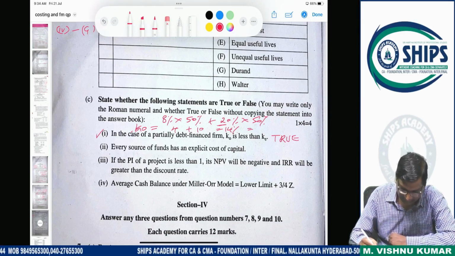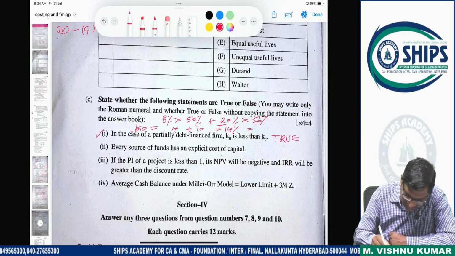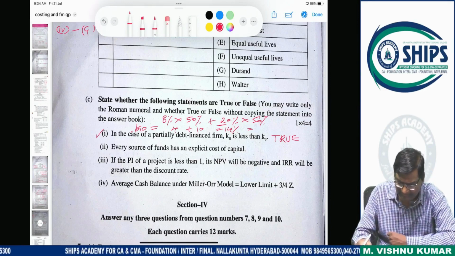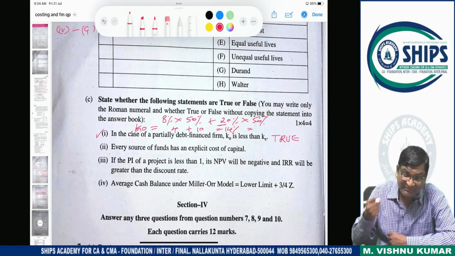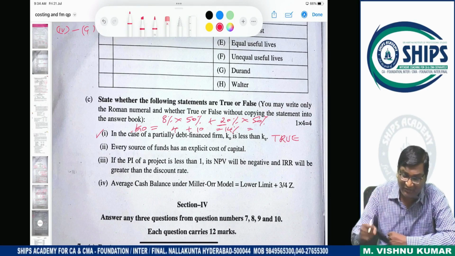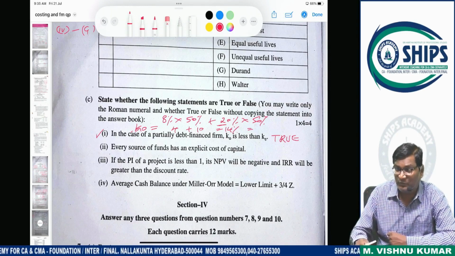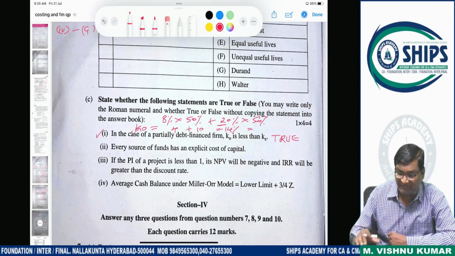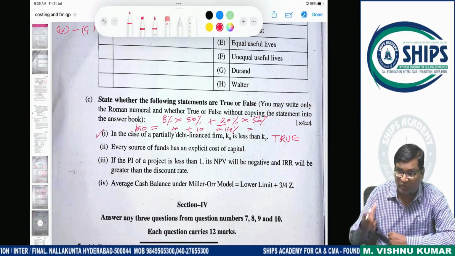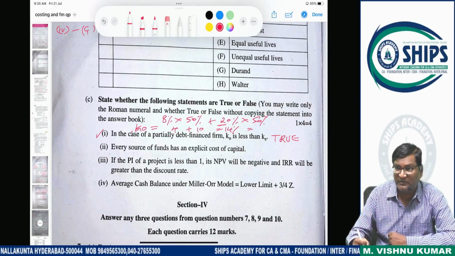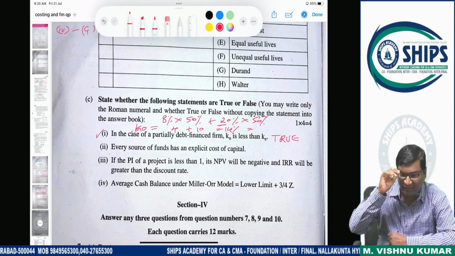Yes, sir. Now, every source of funds has an explicit cost of capital. No. In retained earnings there is no explicit cost, only implicit cost. You have to make payments to debenture holders, preference shareholders if preference share is a liability, or borrowers, the funds we have taken for long-term purposes. But on retained earnings we will not pay any cost.